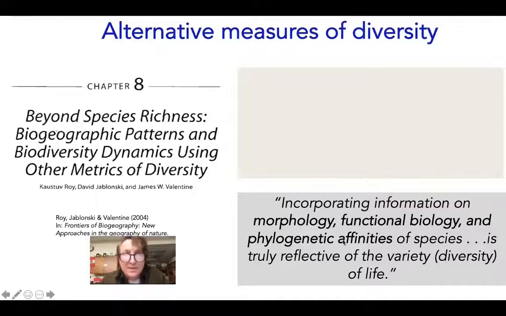So in other words, instead of just looking at the number of species present as a measure of diversity, we need to look at the diversity of morphologies, functions, and also phylogenies as well. And so for this course, we're going to be looking at one important aspect of these additional measures of richness, the diversity of traits, which is linked to the diversity of functions and the diversity of morphologies, but is also linked to phylogeny, but a few steps removed.